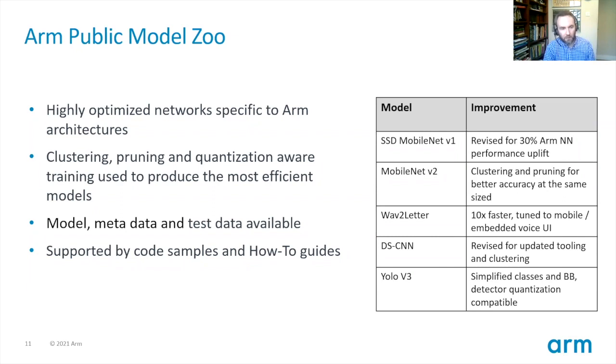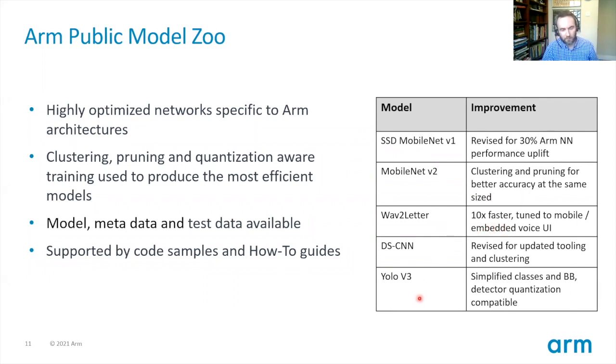On the right-hand side, I have just shown an example of some of the models we've released in the first phase. So SSD MobileNet version 1, this is a revised implementation with a 30% uplift improvement. MobileNet v2, we've done clustering and pruning in order to get better accuracy. Wav2Letter is a speech-to-text model, and we've got 10x improvement there. DS-CNN is a wake word model.